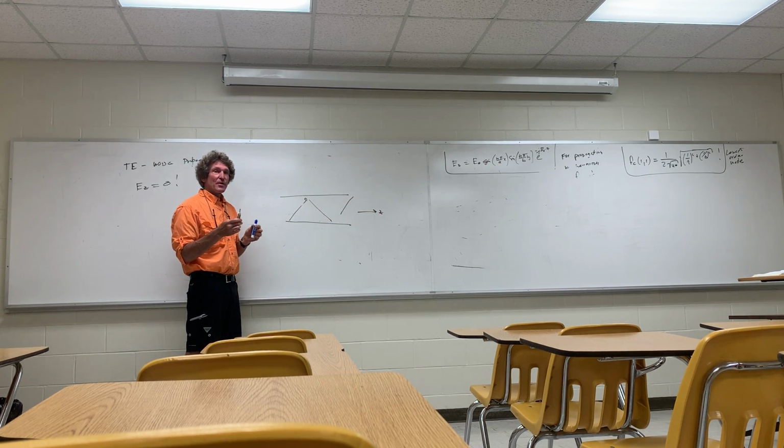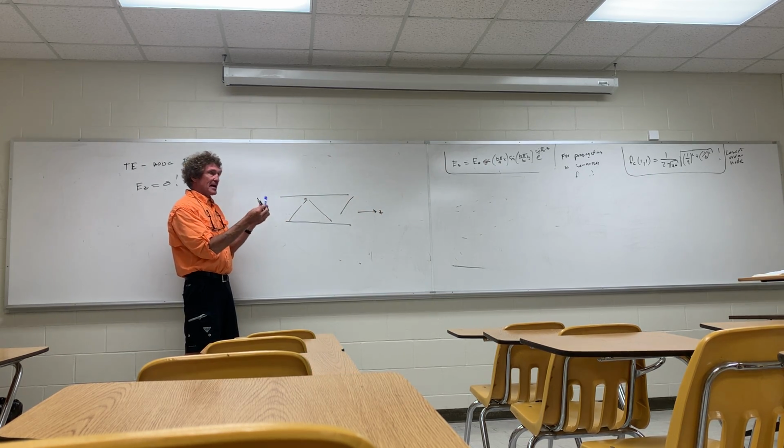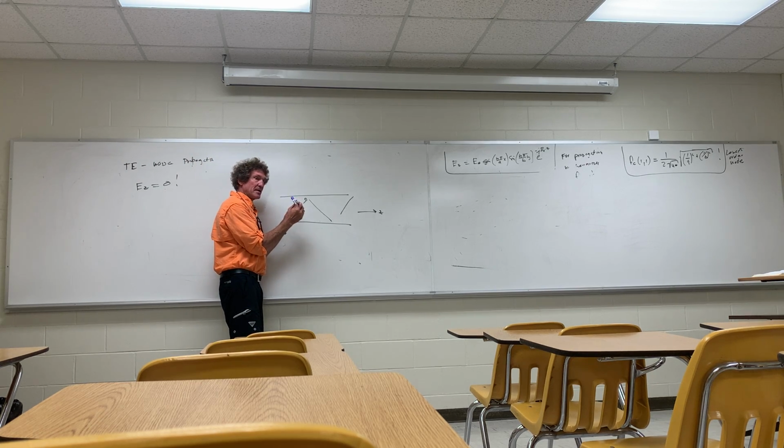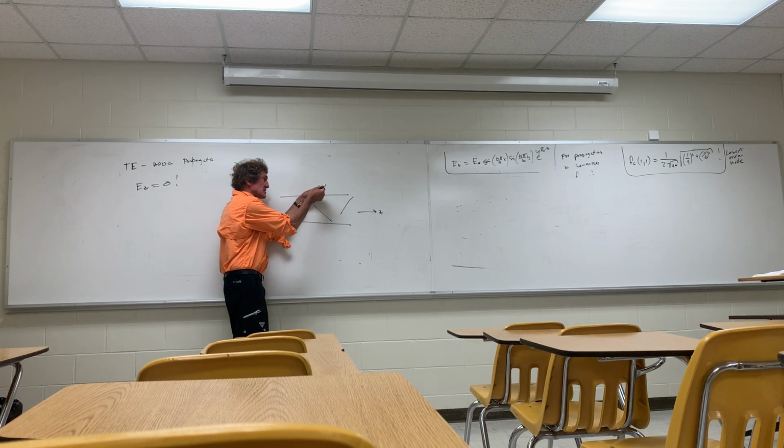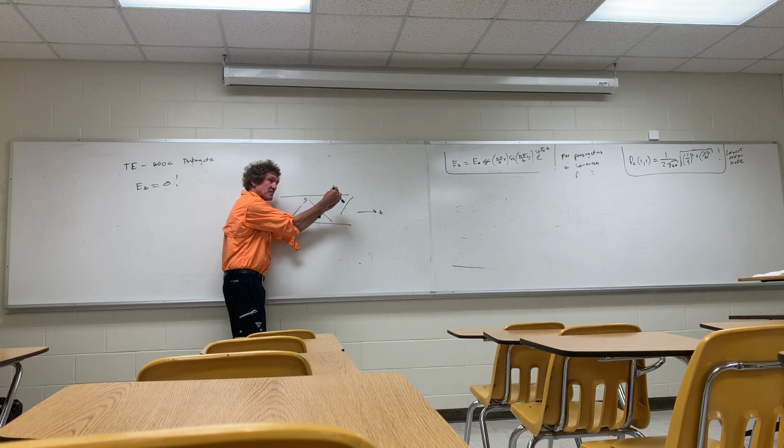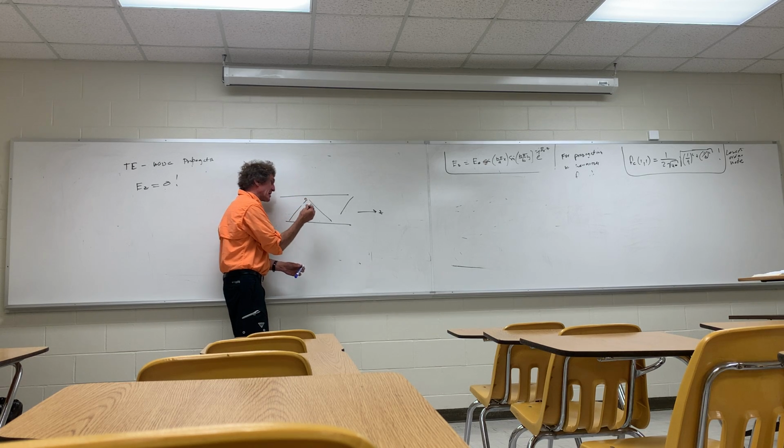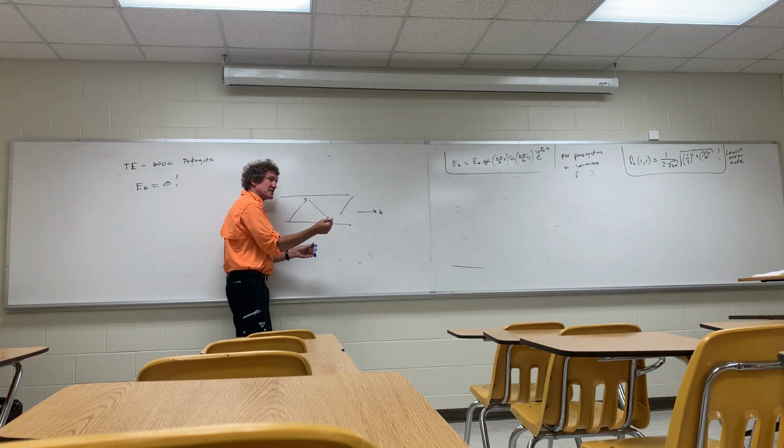Now, when we have transverse electric, it's the opposite. Now the electric field is perpendicular to the direction of propagation, Z direction, and the magnetic field is actually going to have a Z component. So now I got this going on. Can you all imagine that, class? The E field's got to be perpendicular. This is the way the wave bangs around.